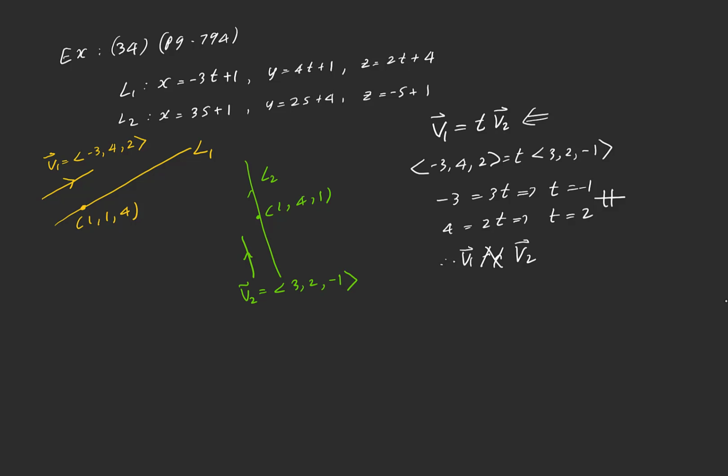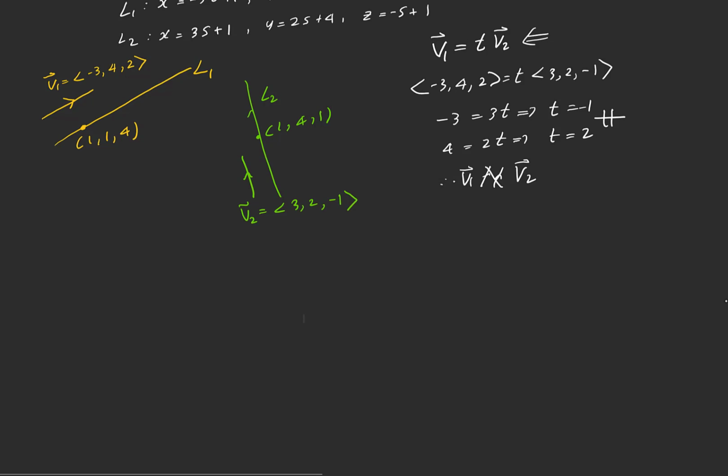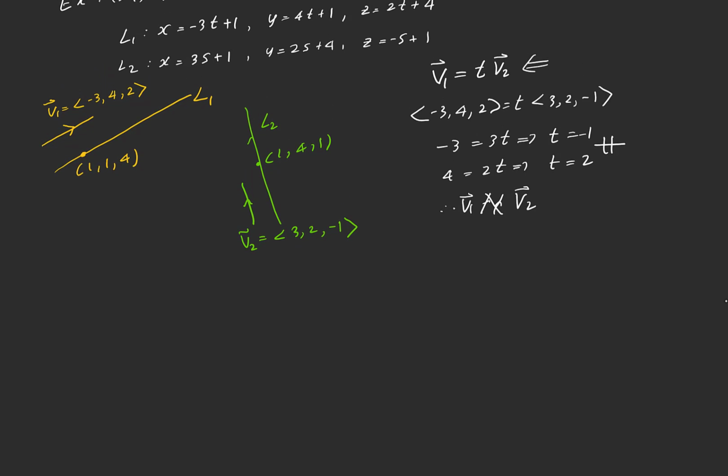If two lines intersect, there must be a common point. Let me make the x, y, z equal for both lines. You know what we did in the previous problem, right? So let me make the x, y, z equal for both lines.